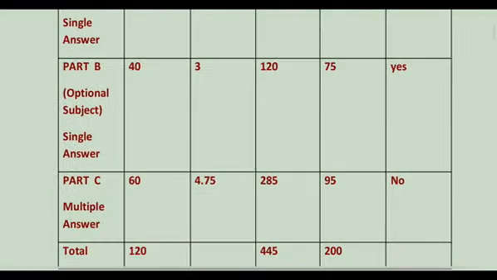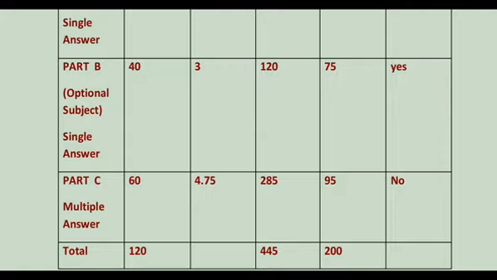In Part C, there are 60 questions. All questions are from the optional subject. Each question is of multiple answer type. Each question has a mark of 4.75, so there are totally 285 marks, out of which a candidate can attain a maximum of 95 marks.